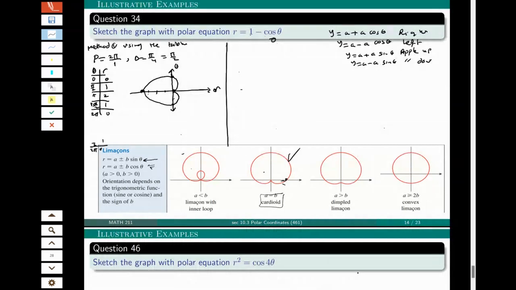Okay, so from here, if I use this method, which is using the table, since I have r is equal to 1 minus cosine theta, I know this represents apple on the left. So all what I will say here, it will have the shape of apple in the left, and I know it will start from 0 when it is 0, and it will go here to 1, then it will go there.